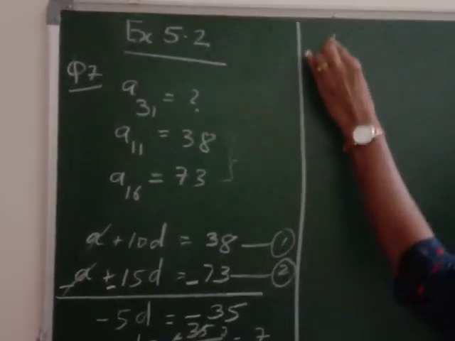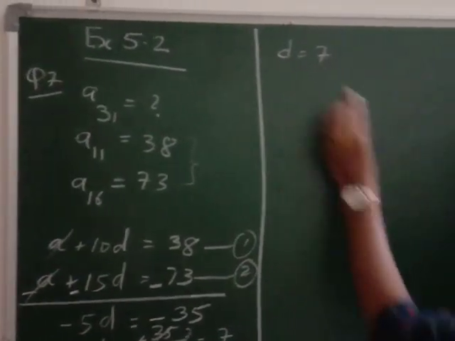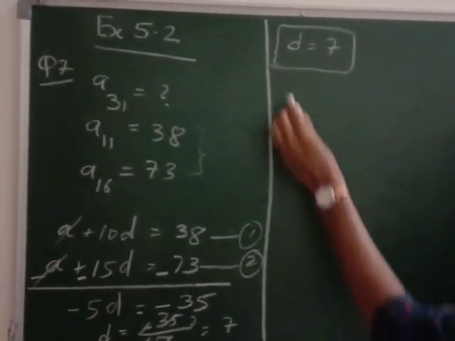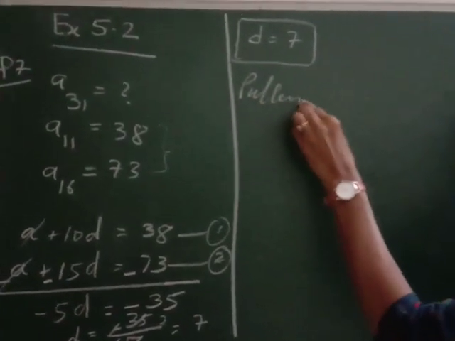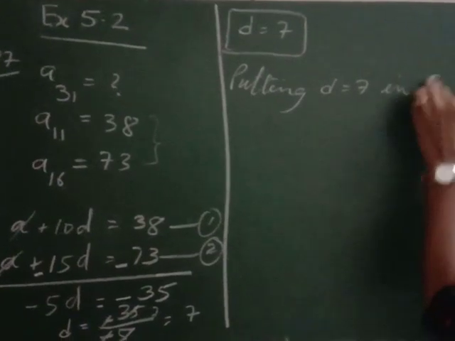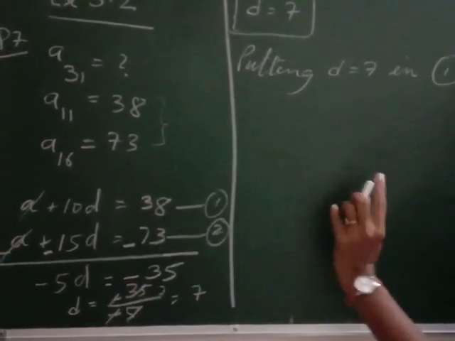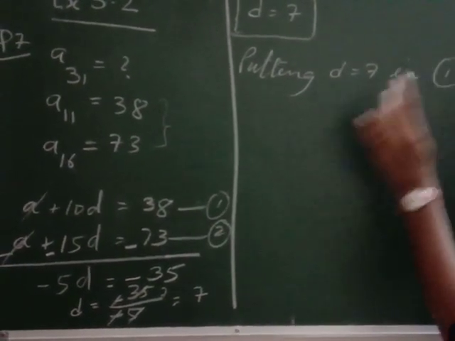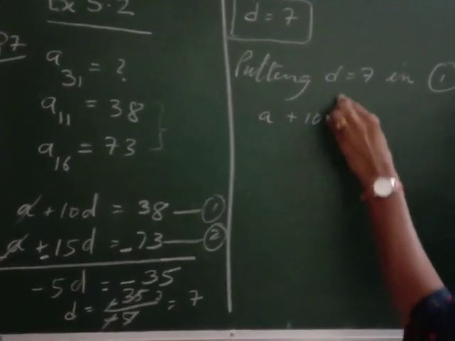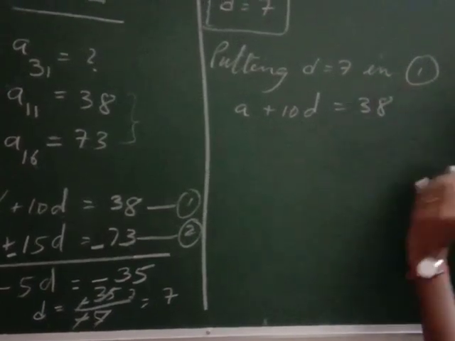Now I got D equal to 7. Now I will find the value of A. Putting D equal to 7 in any one of the equations, either in this or this, you will get the answer. But usually we put in the simpler one. So first, A plus 10D is equal to 38.